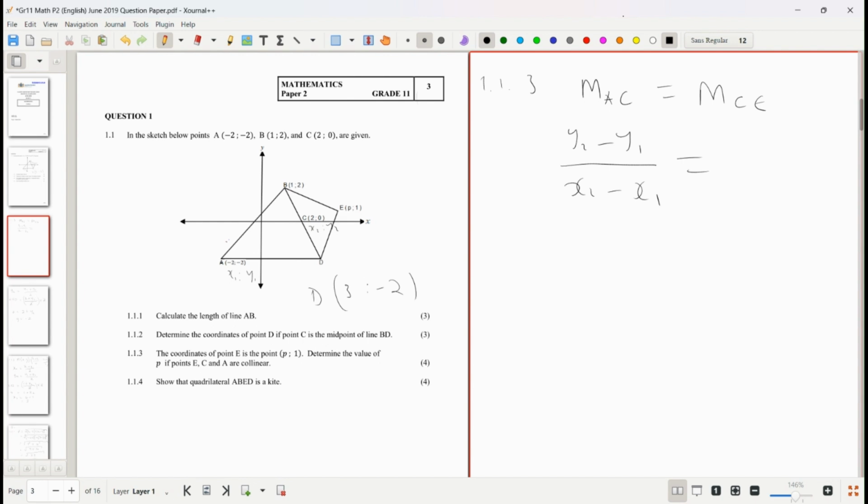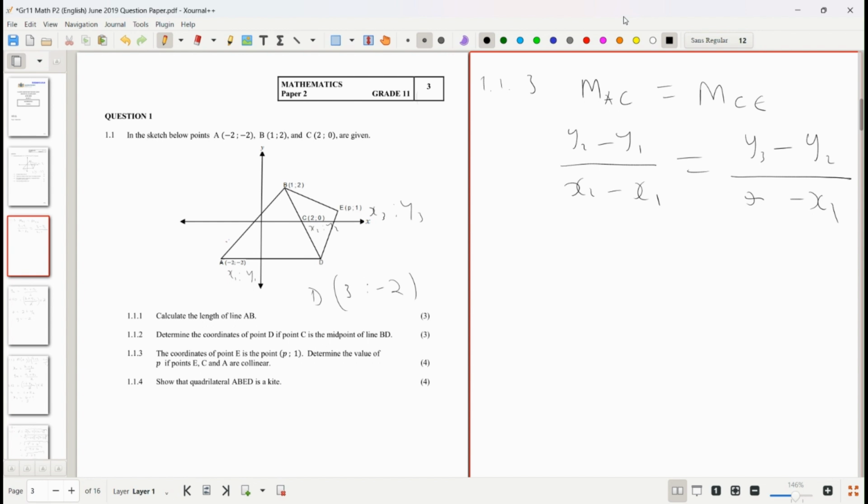Okay, so we name the coordinates here. Let's name this one as well. This one will be our x3, y3, right? So it means that we'll have what? Y3 minus x3, sorry, it's y3 minus y2, all divided by x2 minus x1, right?